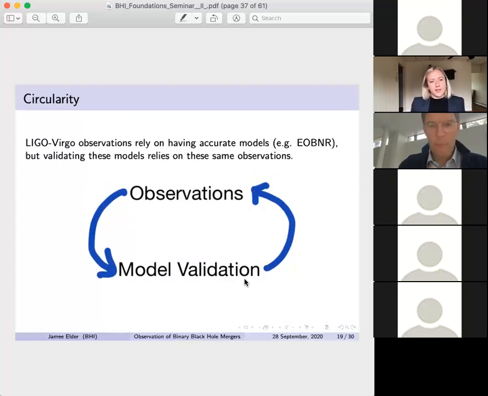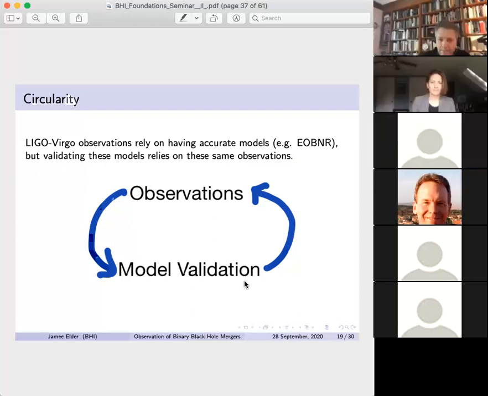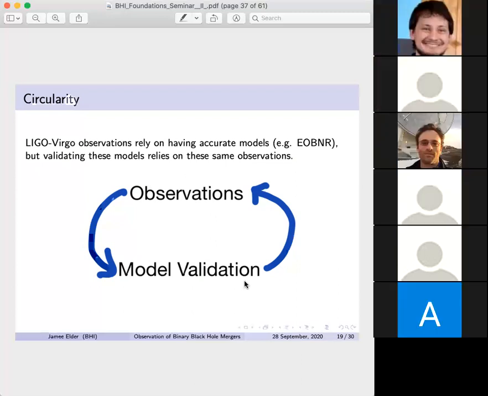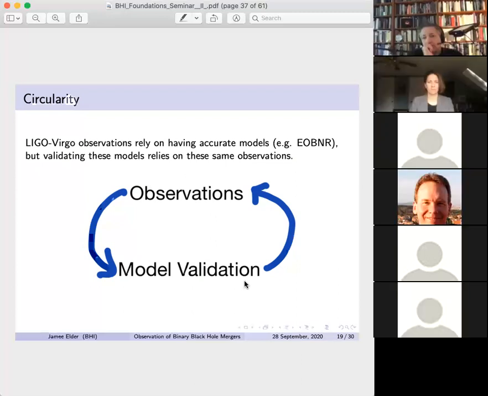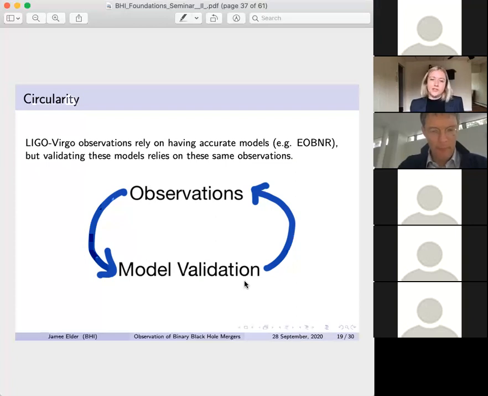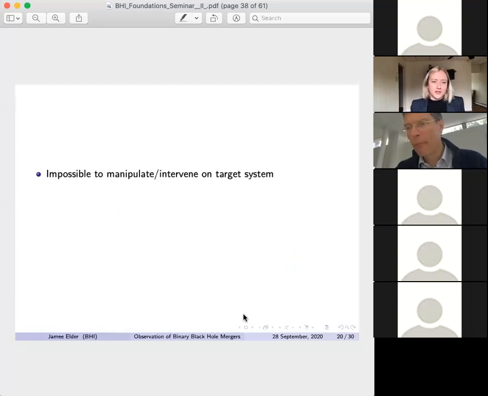And by way of quick diagnosis, I think some kind of circularity problems concerning model validation and observations are maybe somewhat of a general feature of science. Harry Collins talks about these in the context of detecting gravitational waves, of course. But this circularity is, I think, slightly exacerbated by various features of the epistemic situation. Of course, in this case, the systems we're interested in are very distant, and we can't manipulate or intervene on them.